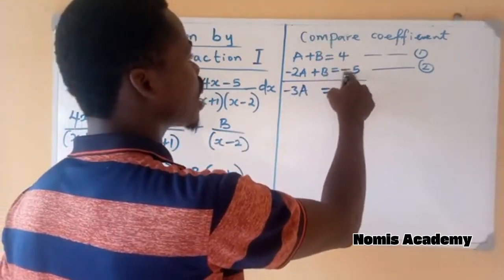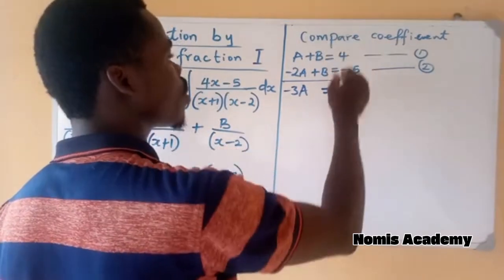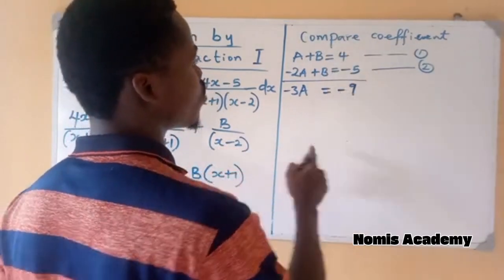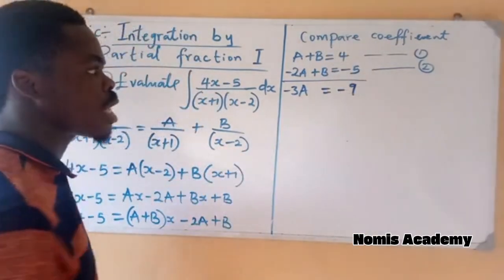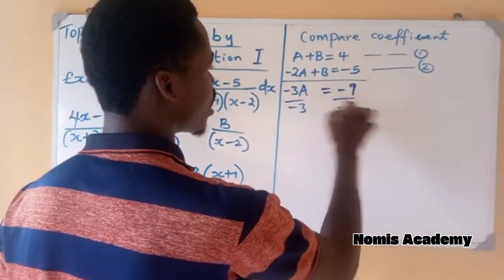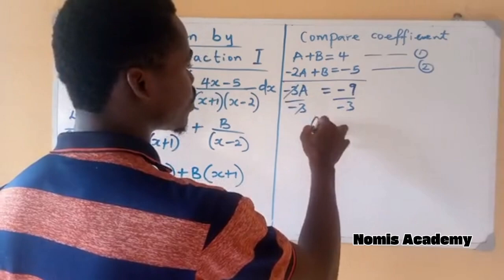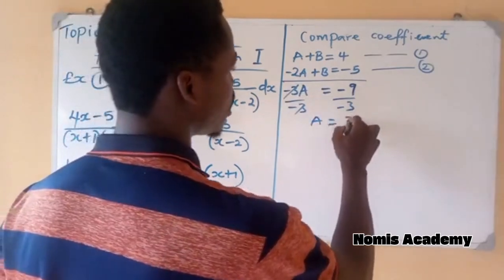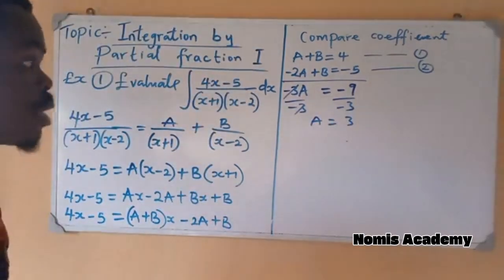Now we have -5 - 4, which gives us -9. When you divide both sides by -3, A is equal to 3. So that's the value of A.